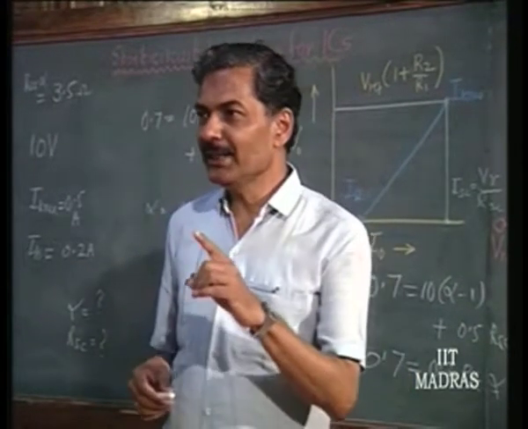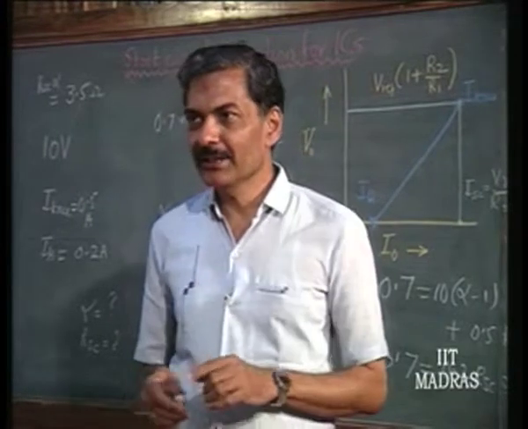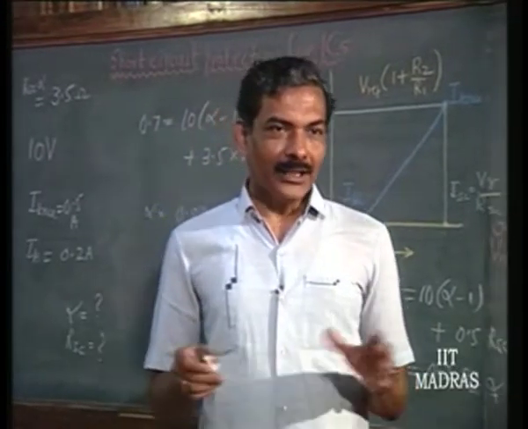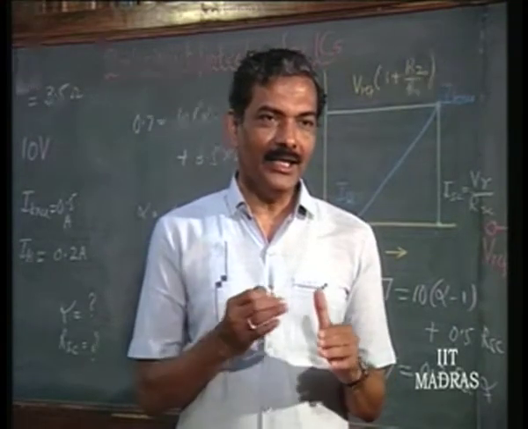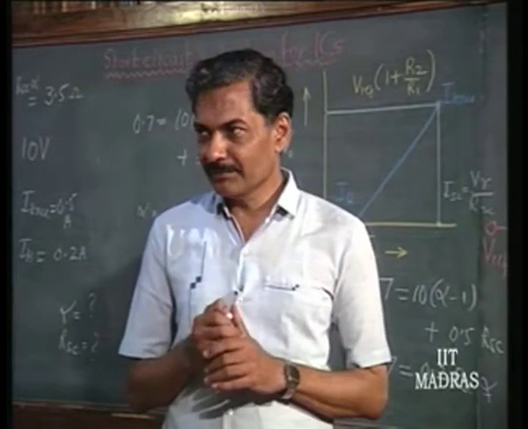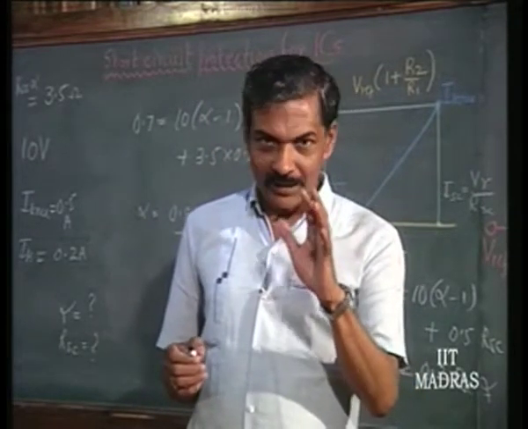Alpha has to be less than 1 and positive. So, you cannot make alpha smaller than a certain value. This is one thing that limits alpha.